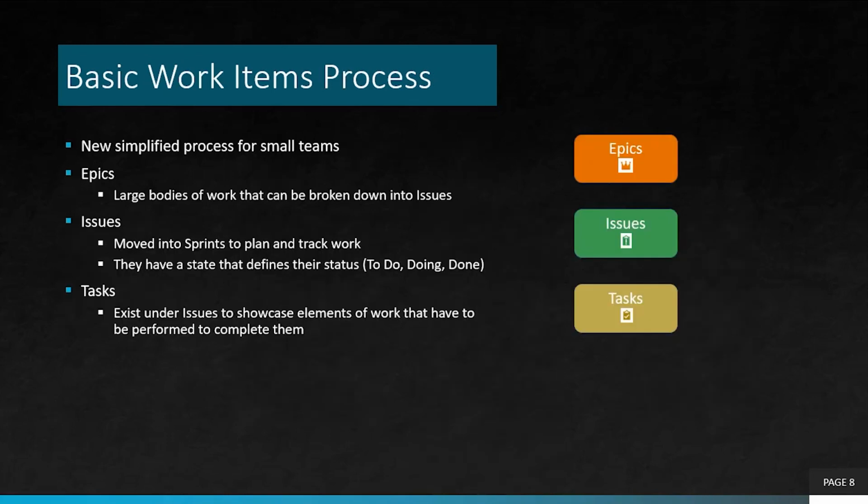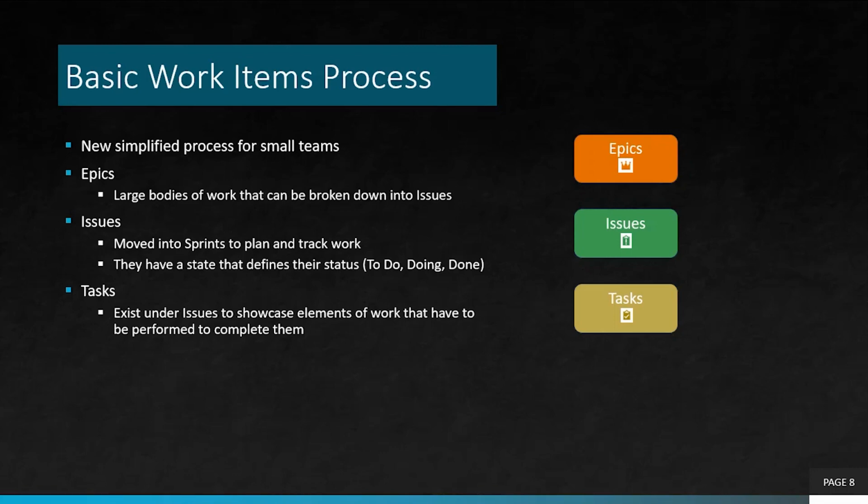For the basic work item, which is the simplest one and is also the newest one that was created, is simplified for small teams that don't need a lot of accountability process-wise, right? They have 3 types of work items that you can use in the process. The first one is an epic. The epics are large bodies of work that can be broken into issues in this case.